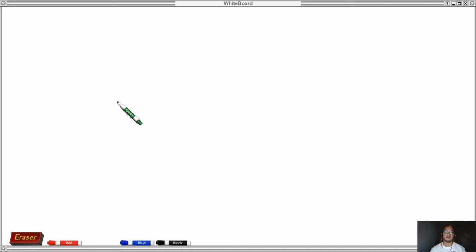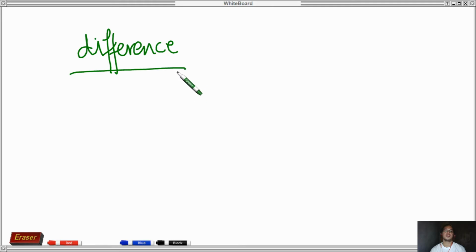From what we learned about operations during the elementary years, what operation is commonly called the difference? Very good. It is subtraction.